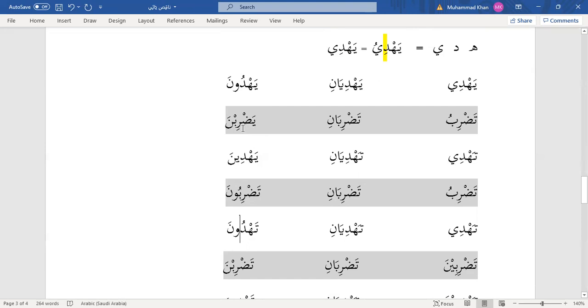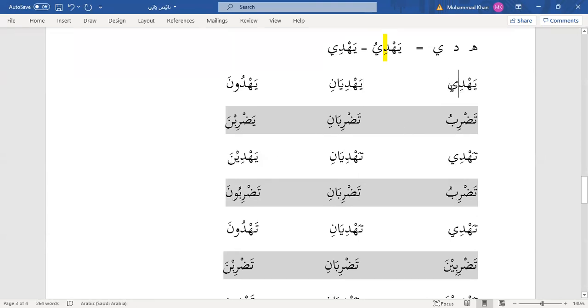Because here we have yadribna, ya, ba, ra has kasra, ba sakin, and noon, and here we have yahdina. And if you look, we have ya, then ha is sakin and dal is sakin, ra has kasra, dal has kasra, ba is sakin and ya is sakin, and noon has fatha, and here noon has fatha. That means no change will take place. So for the feminine, no change will take place.